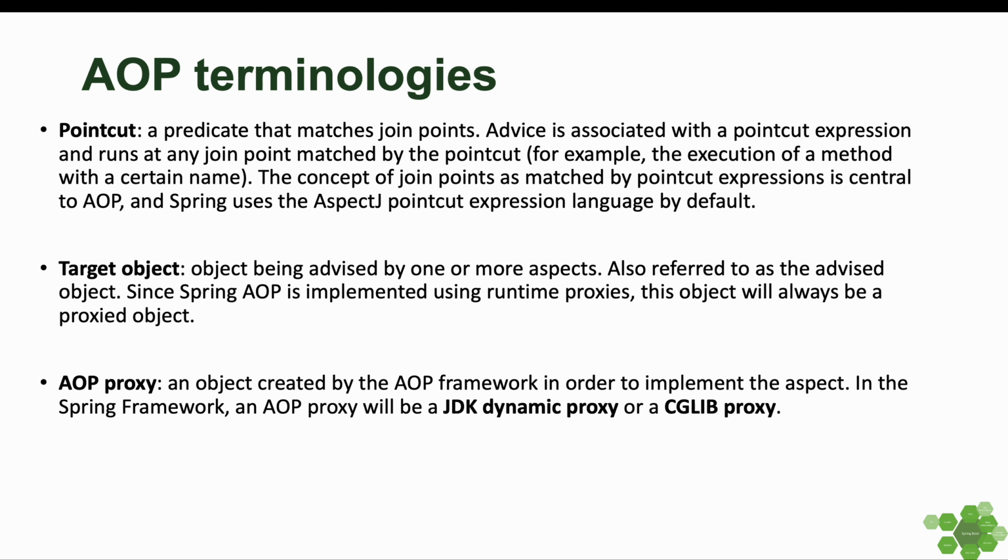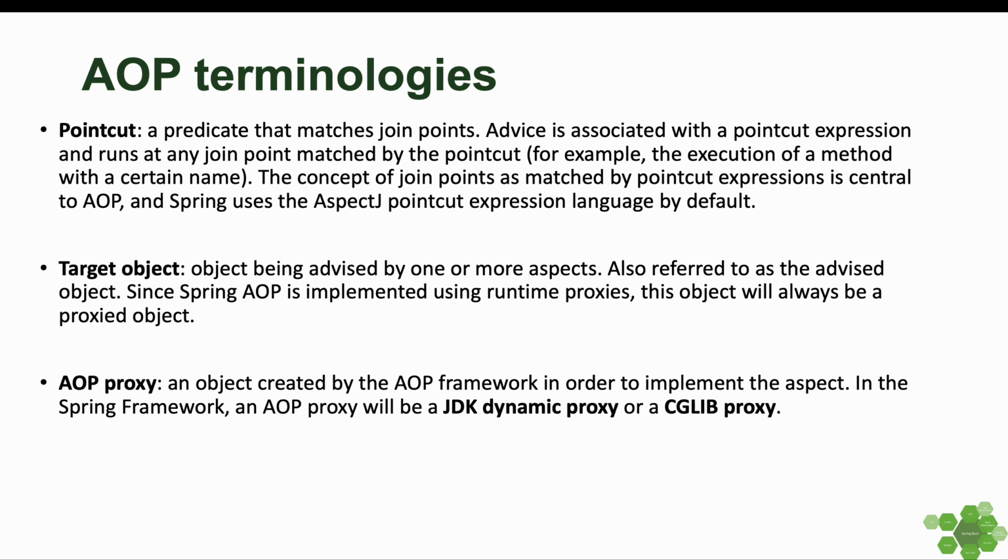Someone wants to go to the mall and you give them directions. Those directions translate to pointcuts, because those directions, eventually, lead you to a particular destination, and that destination then becomes a join point.